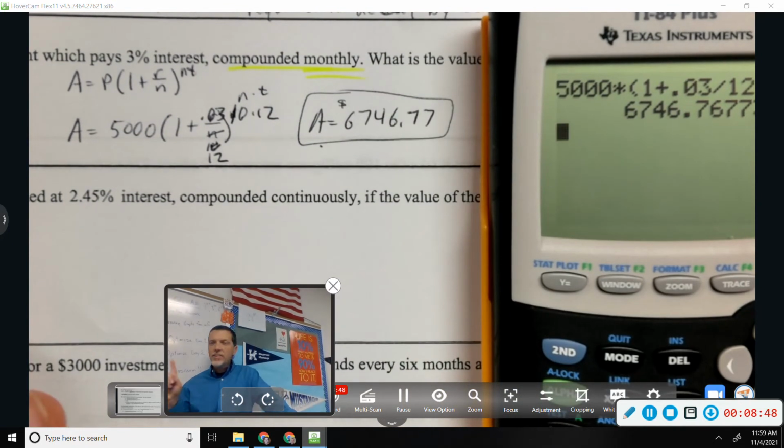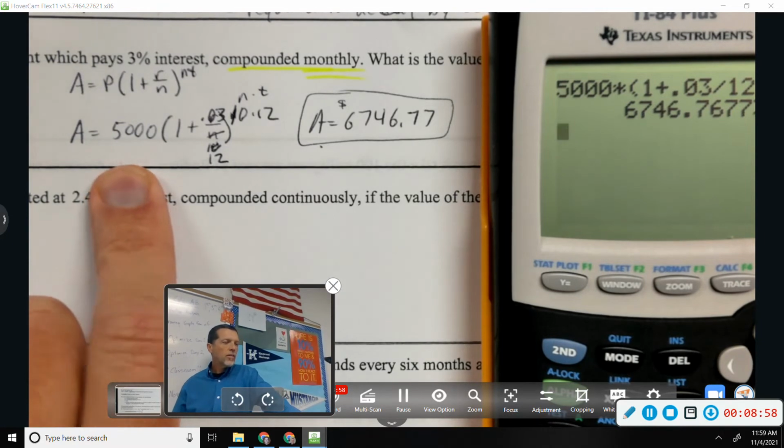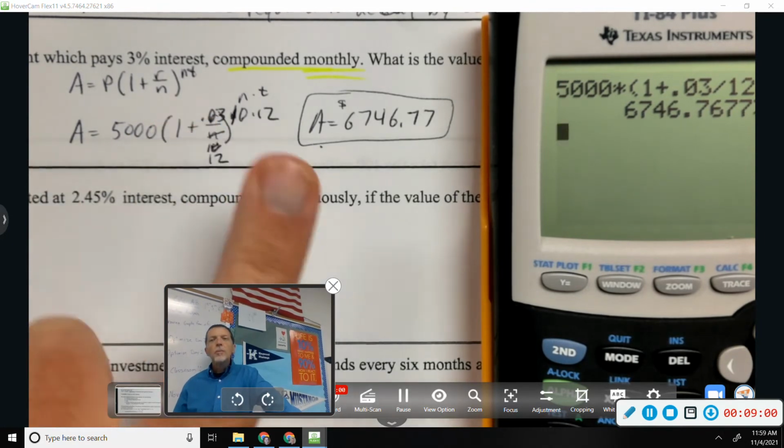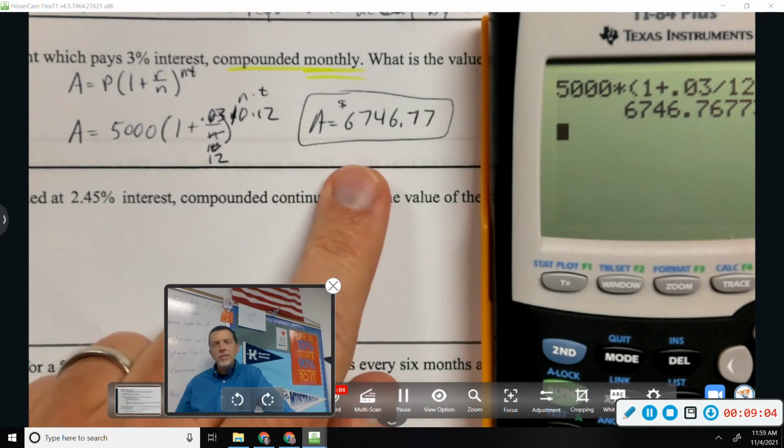The one nice thing about word problems is that your answer should make sense. I know we're not financial experts, so you don't really have an idea of what happens if you invest 5,000 for 10 years at 3%. But if you'd gotten $6 million, hopefully you'd realize, wait a minute, I'm not really expecting to make $6 million off of a $5,000 investment.